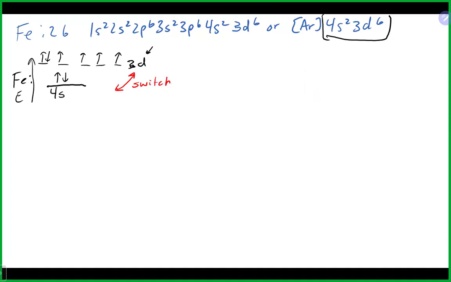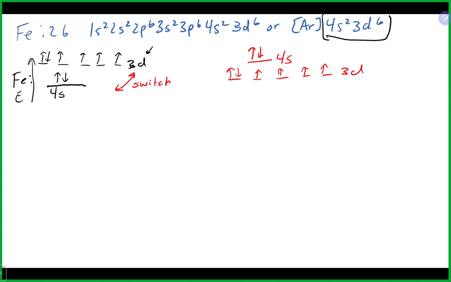What ends up happening is after you start filling those d orbitals, the 4s orbital ends up being higher in energy than the 3d orbital. So this is a switch in energy that occurs after you start populating your d orbital.